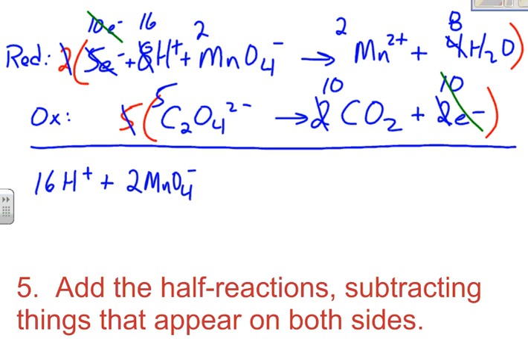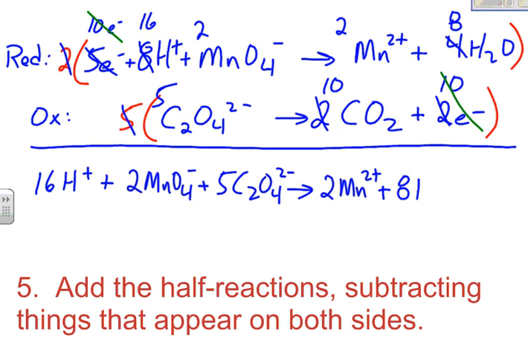I have 5 of the oxalate ions. So those are all my reactants. And then on my product side, I'm going to have 2 of the manganese ions, 8 water molecules, and 10 molecules of carbon dioxide.